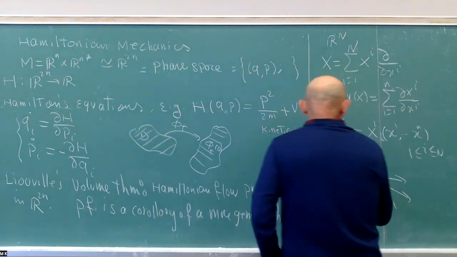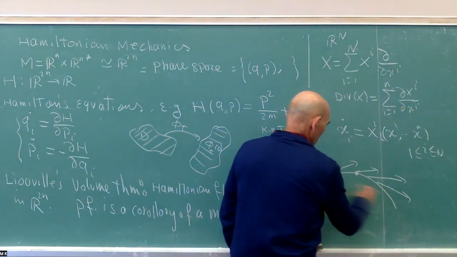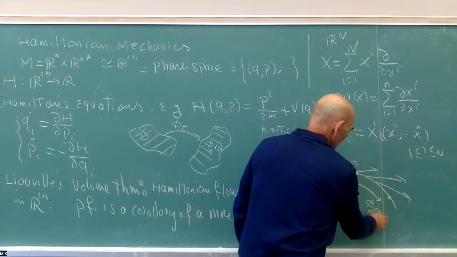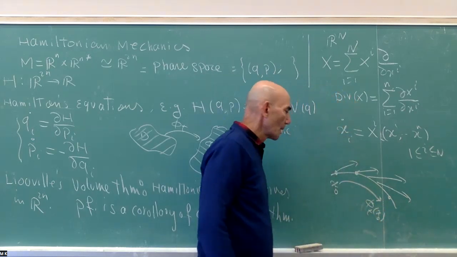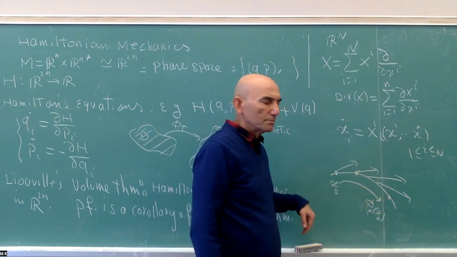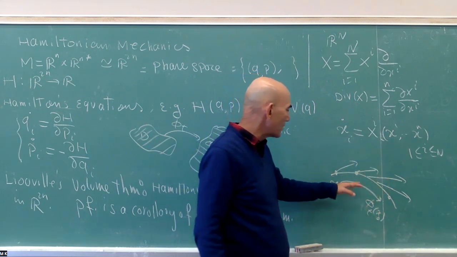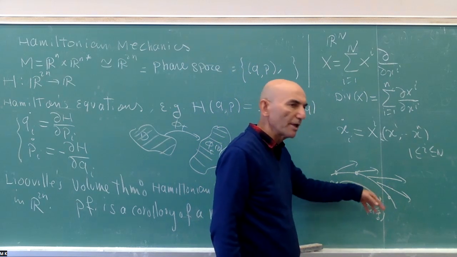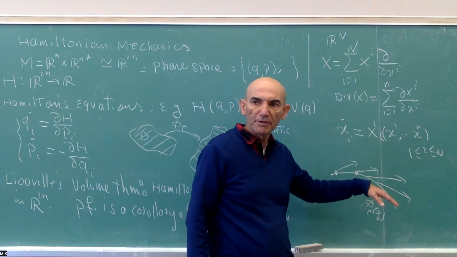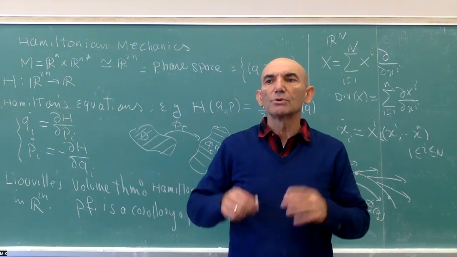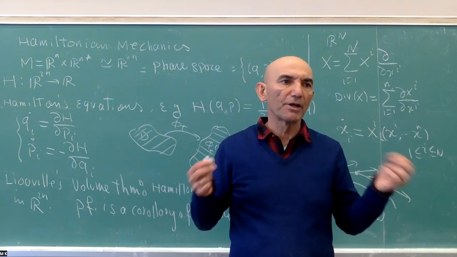So this point, for example x_0, if you follow it by time t, comes to the point which we denote by phi t of x_0. Then you do this for all points. Let's assume that the solution curve exists from minus infinity to plus infinity. In a nonlinear system, usually it's not the case; usually solutions blow up in finite time.